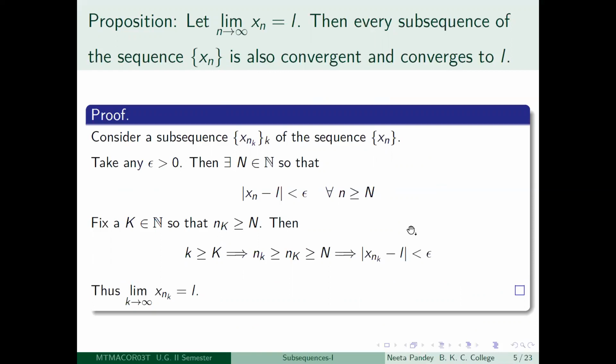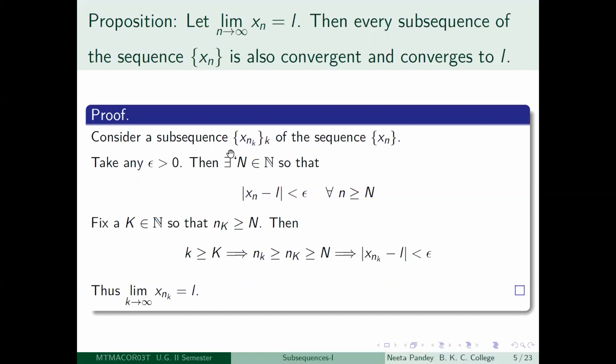So this is true for this particular capital N. Now what you do is that you choose a capital K so that n_k is greater than or equal to capital N. What is n little k? Unfortunately, in the slide, little k and capital K look almost the same except for their size.